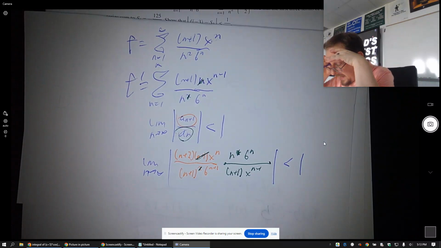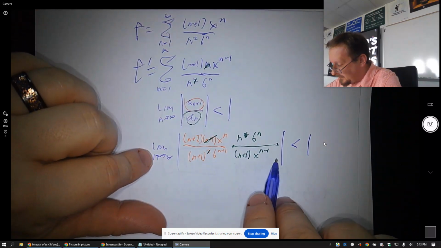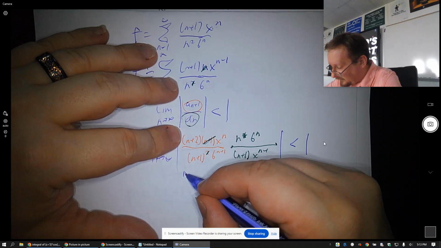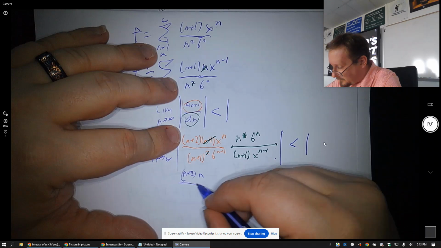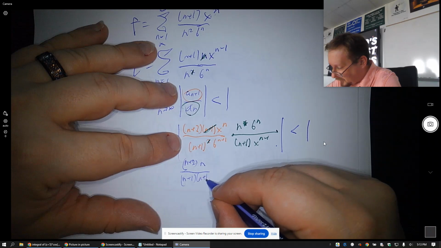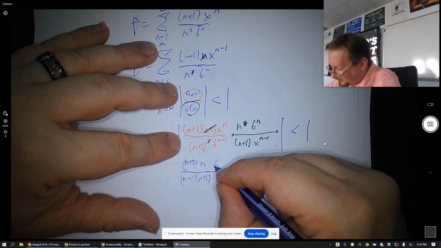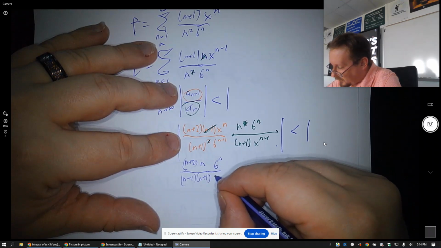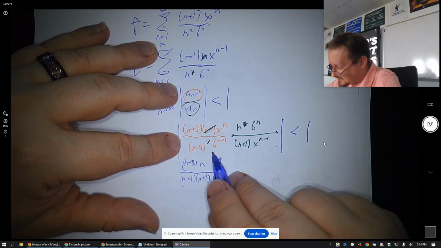Okay. Now, what am I wanting to prove here? I want to prove that all the n's limit to just 1. So in other words, I have n plus 2 on the top and n over n plus 1 and n plus 1. And then I have 6 to the n over 6 to the n plus 1. That just whittles down to 6.